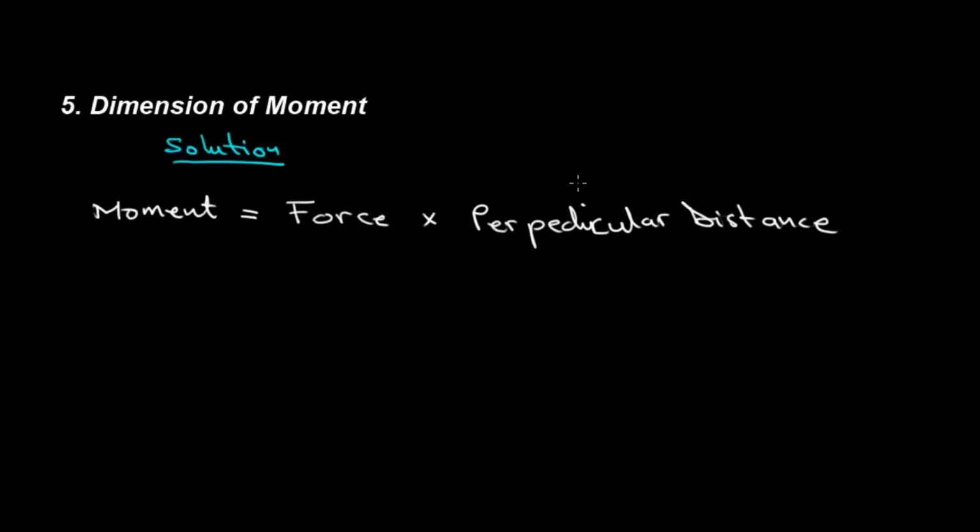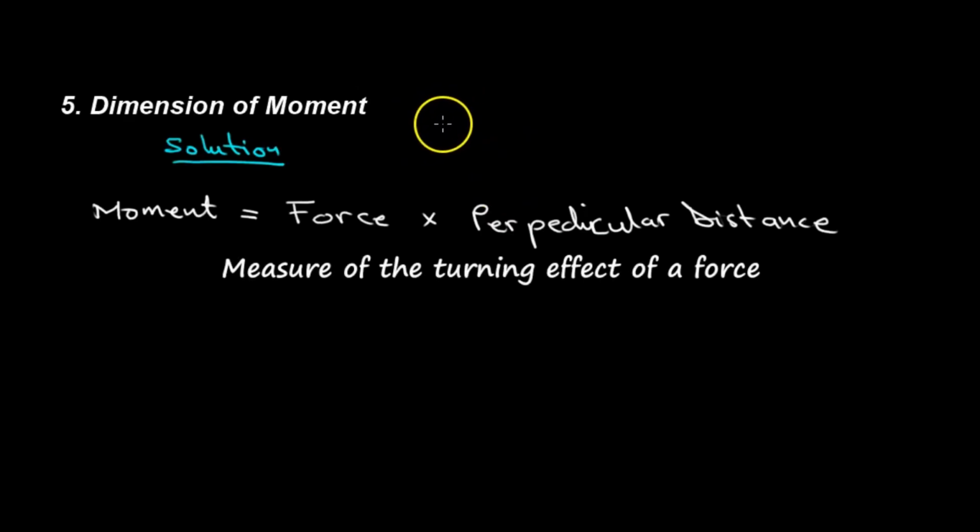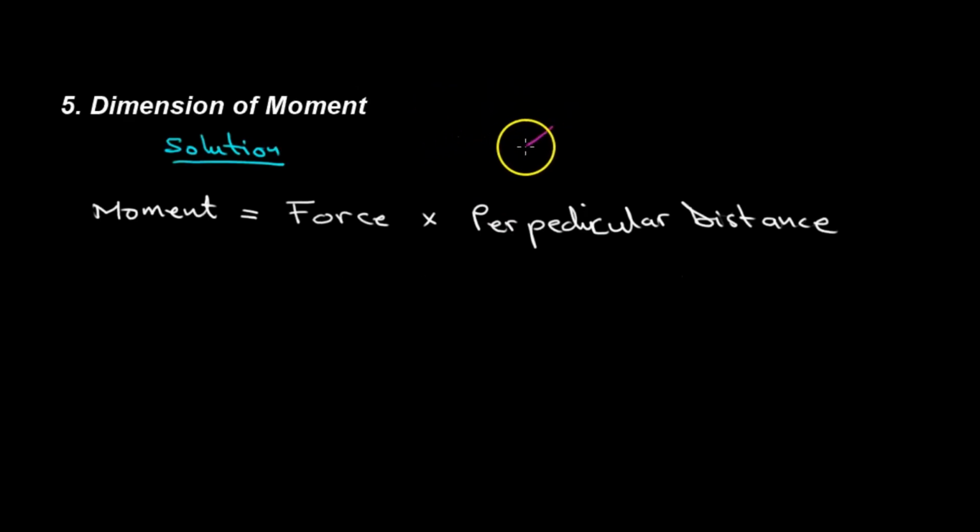So let's find the dimension of moment. We begin by writing the formula for moment, which is the force multiplied by the perpendicular distance. Moment of a force is the measure of its turning effect about a pivot. So let me assume this to be a pivot or a knife edge, and I have a horizontal bar on it with a load being mounted here.